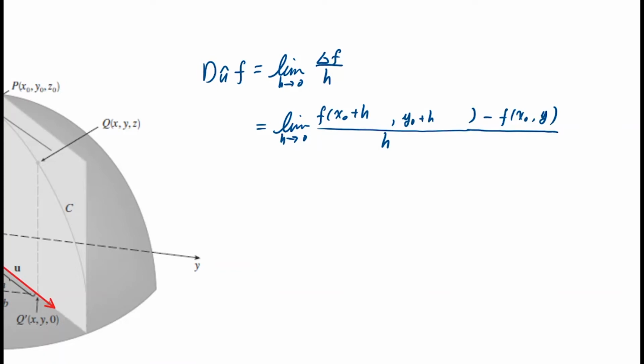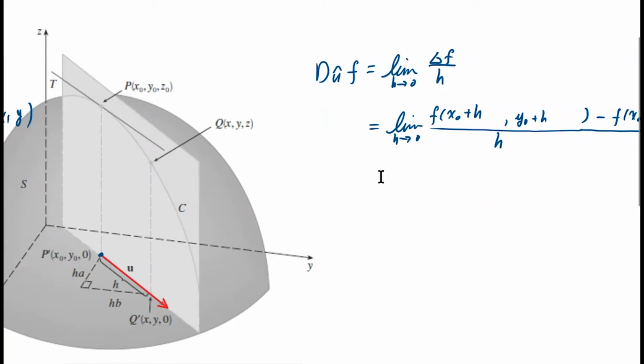Right? You're saying, what's wrong with this? Here's what's wrong with this. As the denominator only varies by h, if you just give x an h and y an h, then this movement is much longer than h. So it's not a fair comparison now, is it?